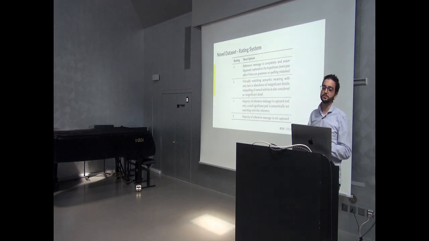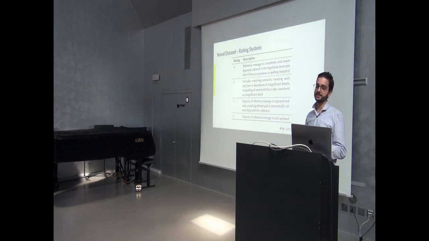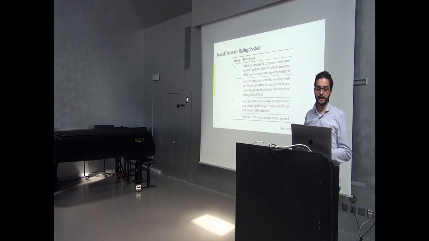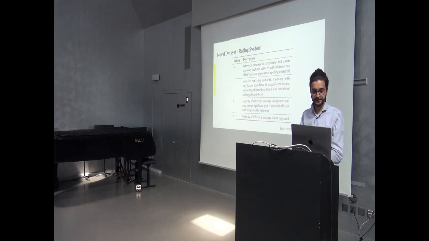In our case, we count, for example, the misspelling of named entities as an insignificant detail, but it depends on the use case, of course. A rating of 1 would mean that a main part of the semantic meaning of the original sentence is not captured, but something is still there, and the 0 is that it's just not the same semantic meaning.